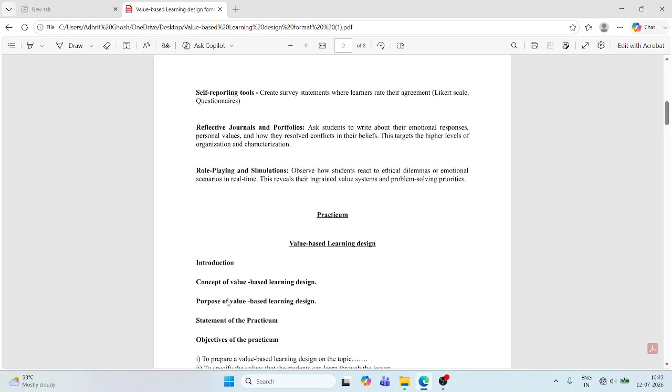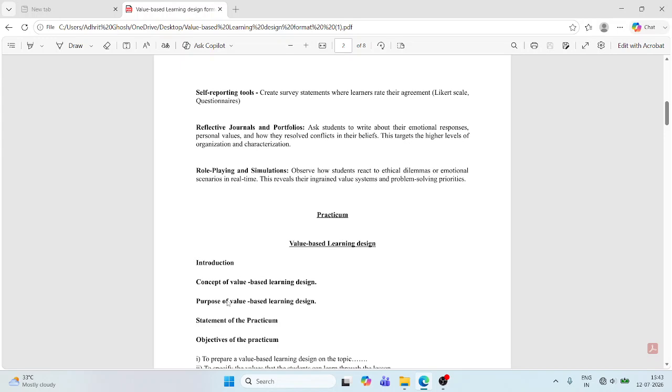And finally, you can have role playing or simulations, wherein they can prepare plays or skits or simulated situations where ethical dilemmas or emotional scenarios can be enacted, and thereby you can understand how far the individuals have been able to actually internalize those values.